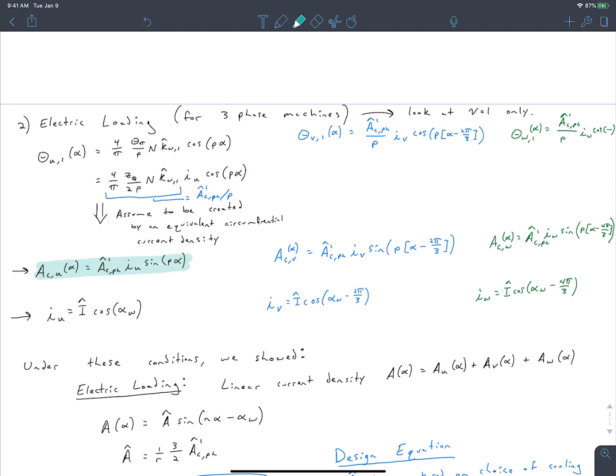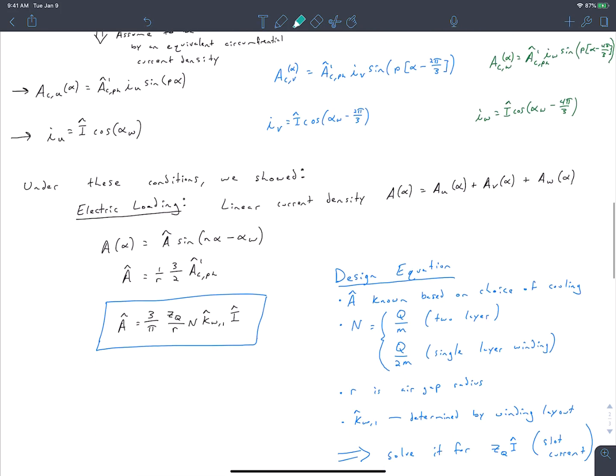And so that opens up the toolbox that we developed when we were in the motor sizing unit, when we considered motors as only having windings that consisted of sinusoidal current densities. So now we're saying that our fundamental harmonic can be modeled as a sinusoidal current density.